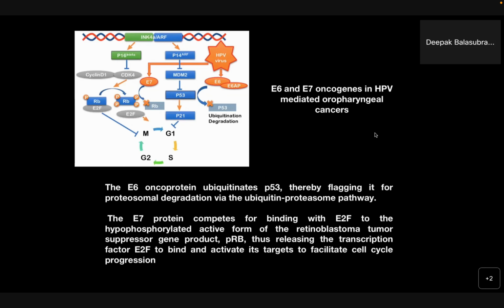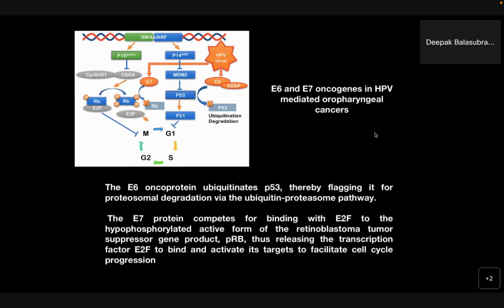So when you look at HPV 16 and 18, which are now implicated in oropharyngeal carcinomas and some sinonasal malignancies, there are two basic oncogenes, E6 and E7, and they act in two different ways. E6 acts via P53, and E7 acts via the retinoblastoma tumor suppressor product.